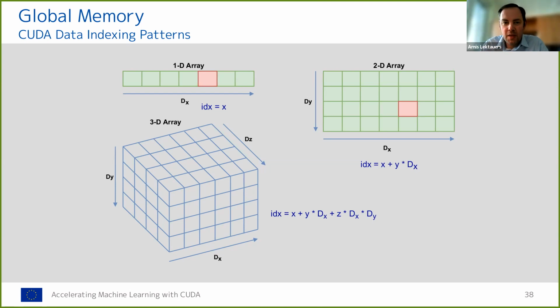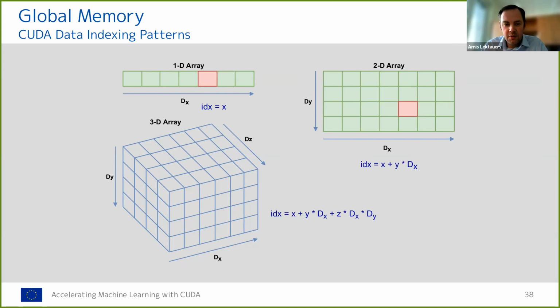For example, there is shown a common pattern for how to compute an index for a one-dimensional data array, because usually, at least by using the C language, all the arrays in most cases are defined as one-dimensional data arrays.